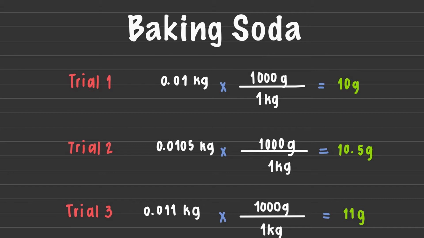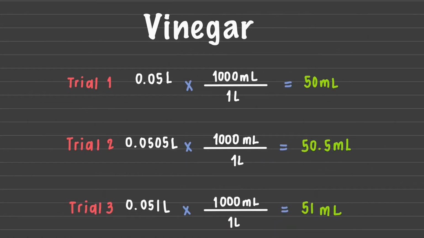Gram is put at the top since it is the unit we are trying to get. Then, we cancel the kilogram unit and multiply the quantities. So, after this, we got 10 grams for Trial 1, 10.5 grams for Trial 2, and 11 grams for Trial 3.